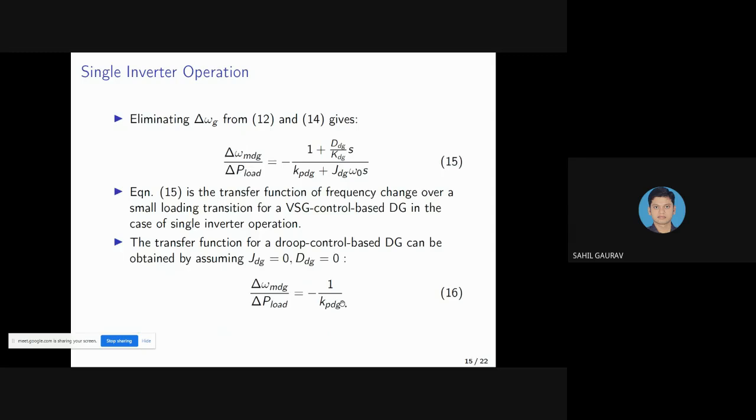We can also say that the steady state gain of equation 15 is determined by the droop coefficient KPDG and independent of the swing equation parameters. Means the steady state response of both VSG and droop control are the same. It's also important to note that the steady state of VSG and droop controller are the same only if the droop coefficients KPDG and KPDG are set equally.